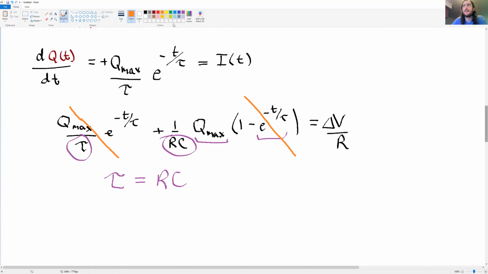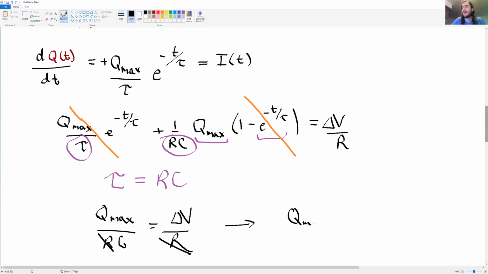The time dependences will cancel out. And what we'll be left with is Q max over RC is equal to delta V over R. So exactly what we had before, which just tells us again that Q max is equal to C times delta V. And so everything checks out there. If tau is equal to RC, then everything is good.